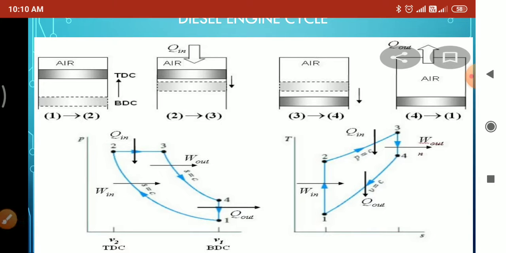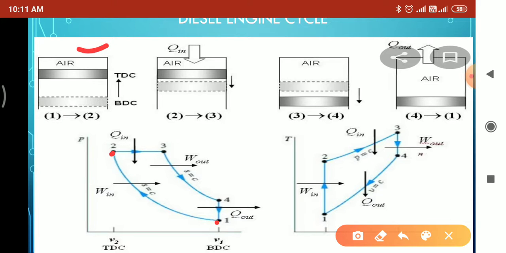So first is process number 1, the adiabatic compression process, from 1 to 2. First consider this arrangement. There is air within this cylinder and the piston moves from BDC to TDC. Now what will happen?